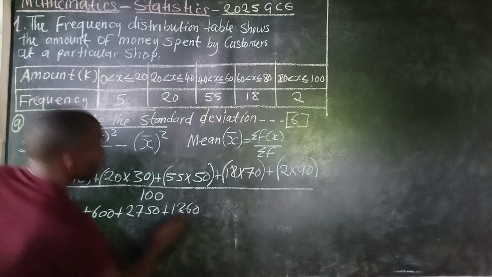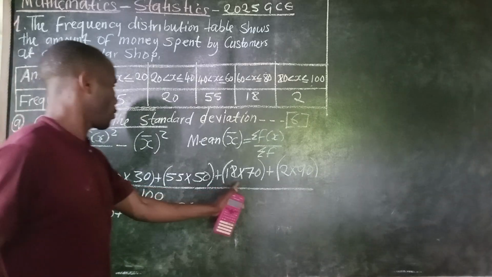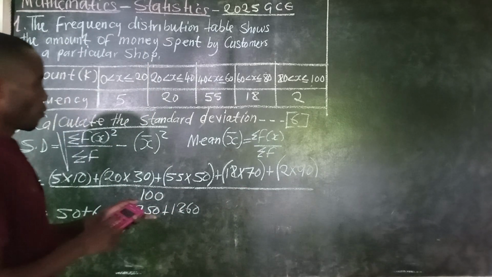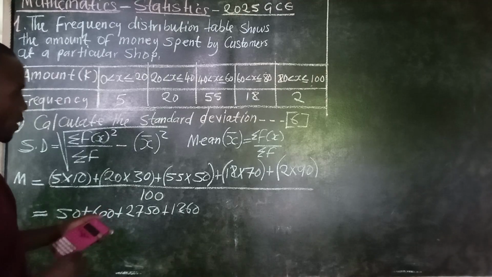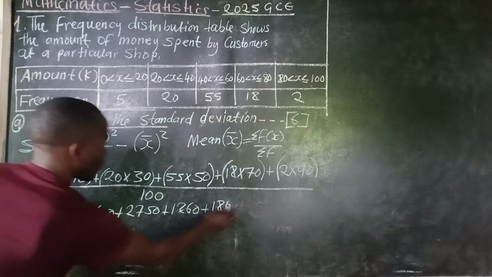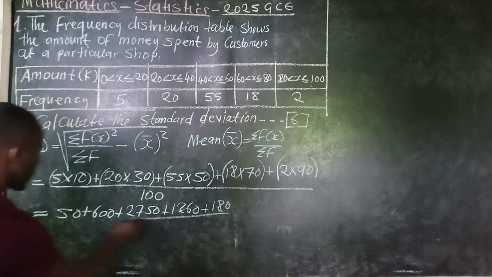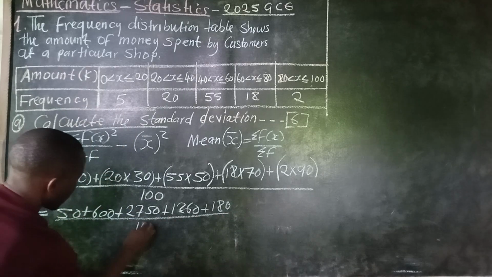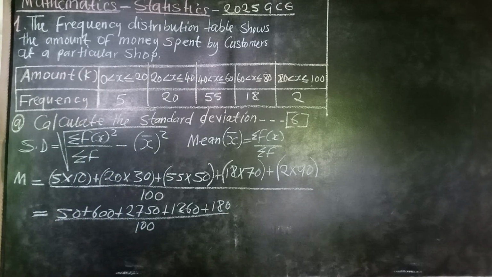Where are we? We are here. So now the last one. What is 2 times 90? The answer is 180. Okay, over 100. Okay, so what we are trying to find here is the mean.